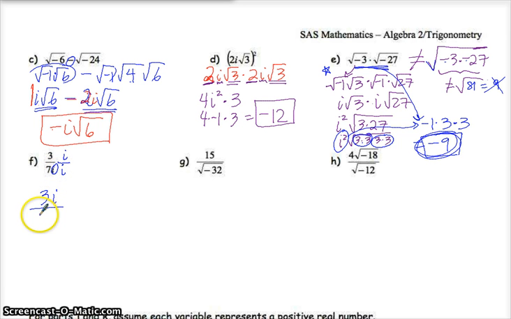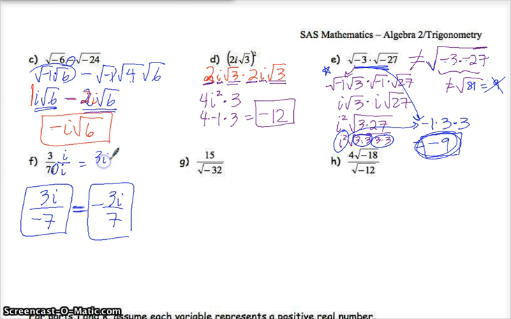Well, i squared is equal to -1, so that becomes 3i over -7, or just -3i over 7, right? These are the same. So that would have been 3i over 7i squared, but i squared is equal to -1, so you get -7 in the denominator.